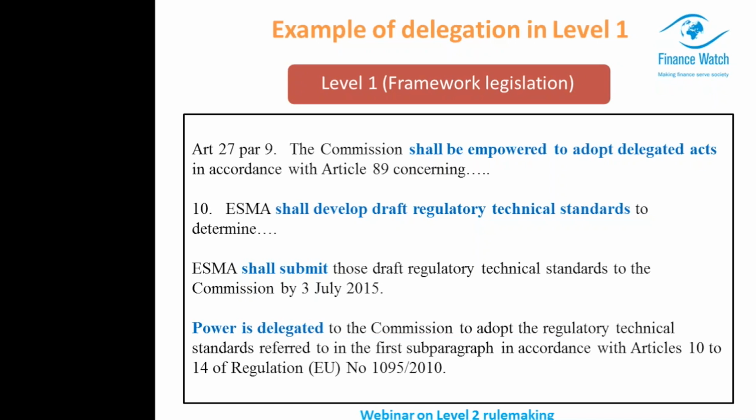The time is specified when ESMA has to deliver the technical standards to the Commission. And the power is delegated to the Commission. The power will never be delegated to the supervisory authorities. As we said, the Meroni doctrine is very clear in that respect: nobody else but the Commission adopts the regulation.